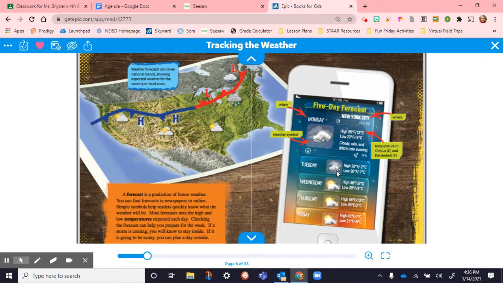They've got these symbols, so it's going to be raining, or that might be snow. Let's see, high of 28. Maybe that looks like snow. So it's going to be snowing, then it's going to be partly cloudy. So they give us these symbols to help us quickly see what that weather means.